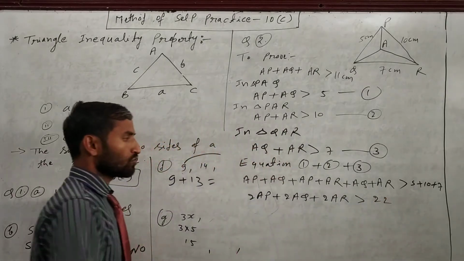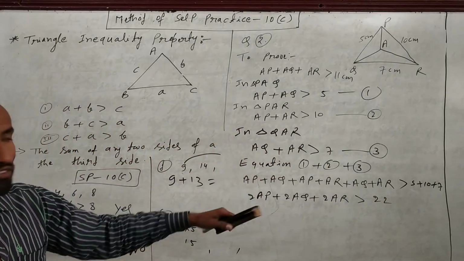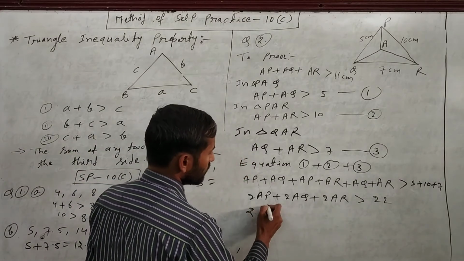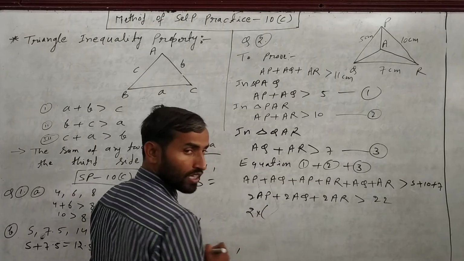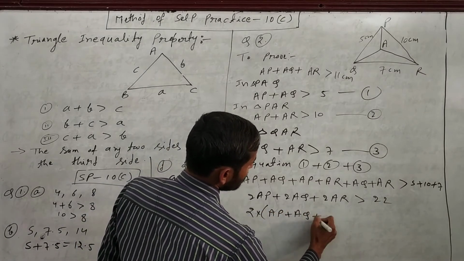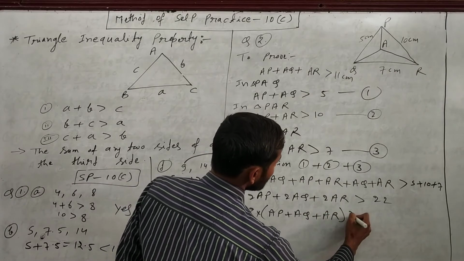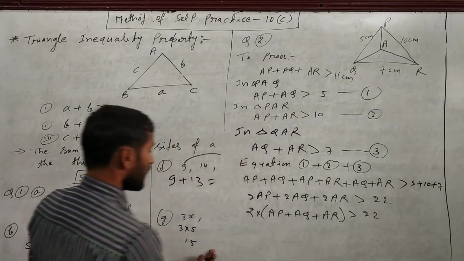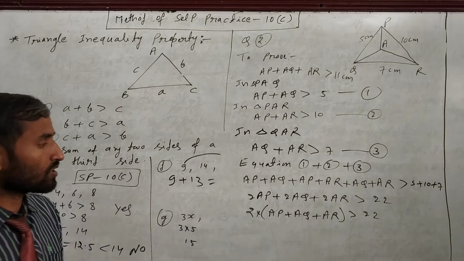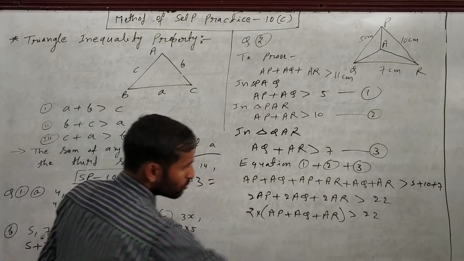Now just you take 2 common from each. So we will take 2 outside and put a bracket with multiplication. So 2 times AP plus AQ plus AR is greater than 22. Now we will divide by 2. Here the multiply sign is there, so like solving an equation, we transpose this 2 to the other side.